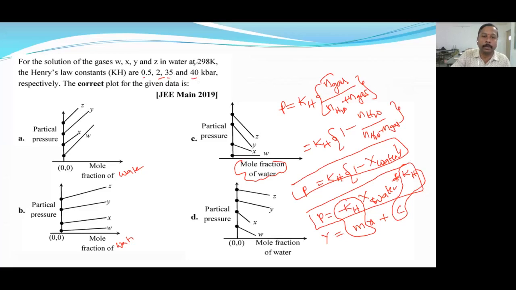Here you can see 40 k bar, this is for z. So z should be on the top, then 35, y should be second, and then 2, so x and w. Then negative slope. So all the things are matching in the C option. How to come to this conclusion? I think it is clear now.